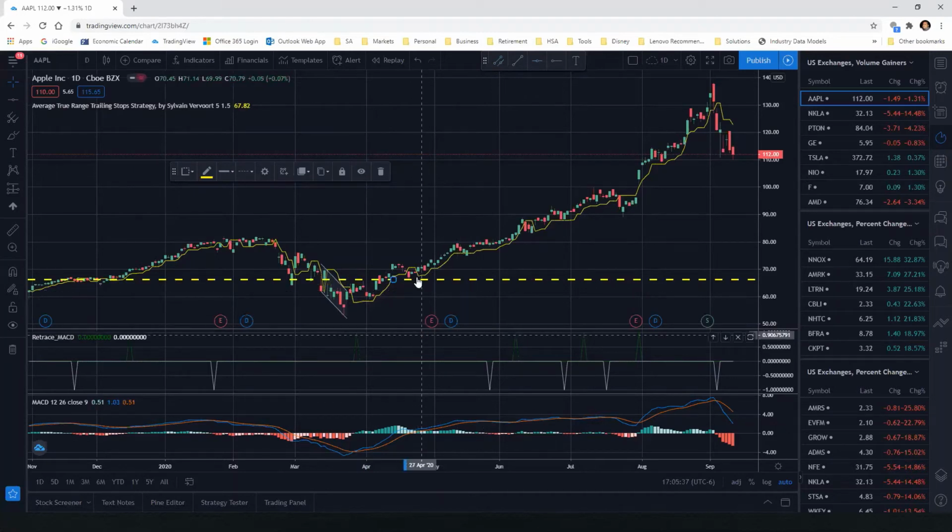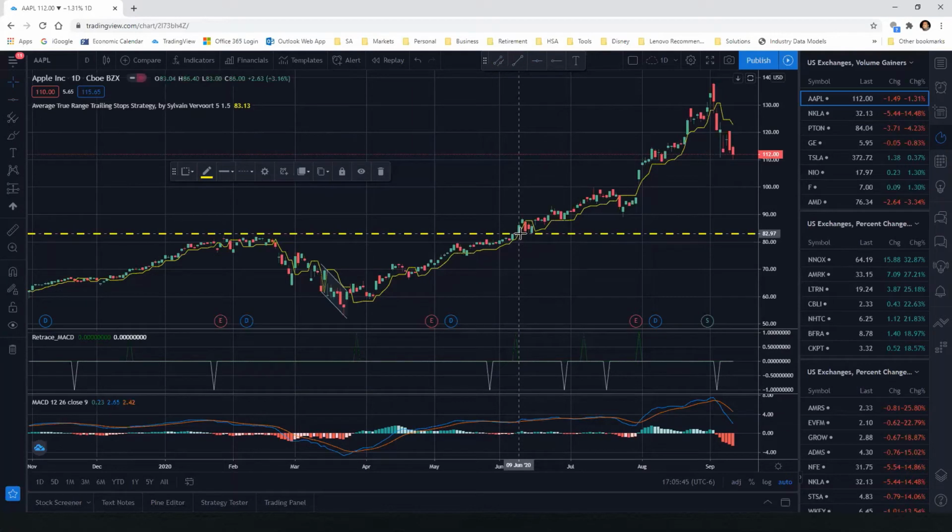As it keeps going up, you can keep moving this down line under here. But if this is getting really tight and you don't want to use a horizontal line, you can go back to the channel lines.